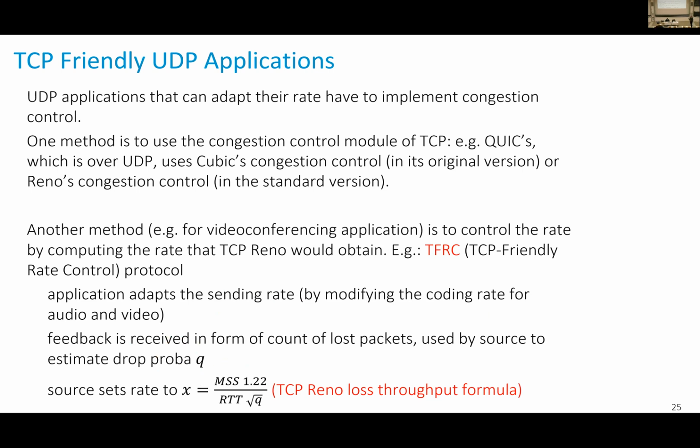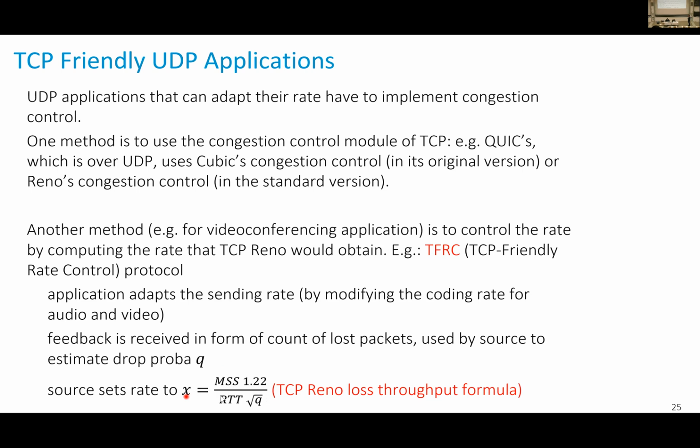We require that the destination reports every second the status of what has been received. From this, we can count how many packets were dropped and estimate using various estimation methods. Then the source simply sets the rate to the value given by this loss throughput formula.